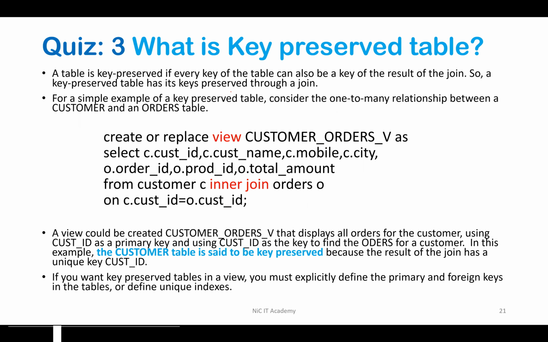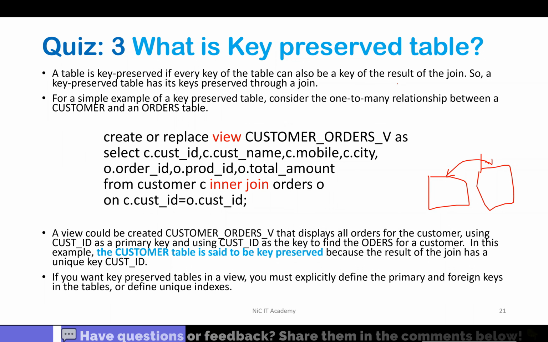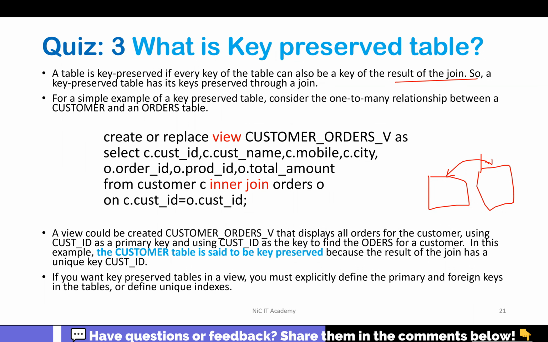So what is a key preserved table? If you are creating a complex view by combining two tables, whichever table contains the key column is the key preserved table. See here, customer and orders.